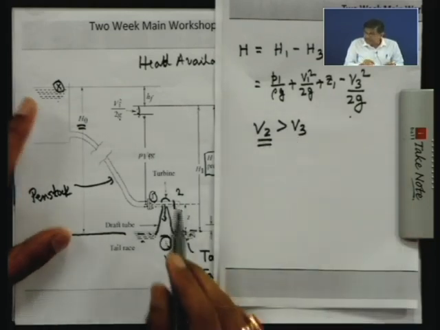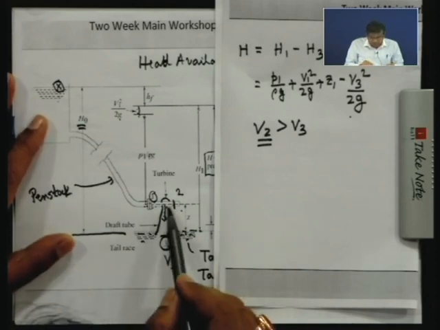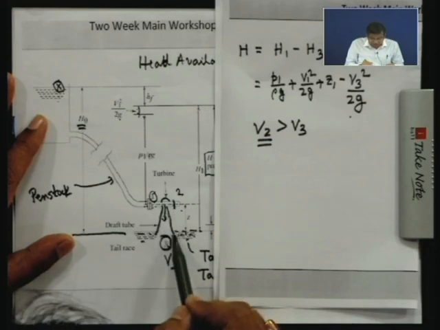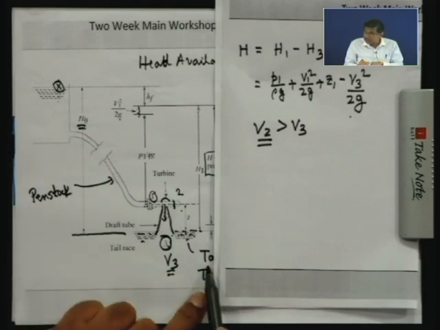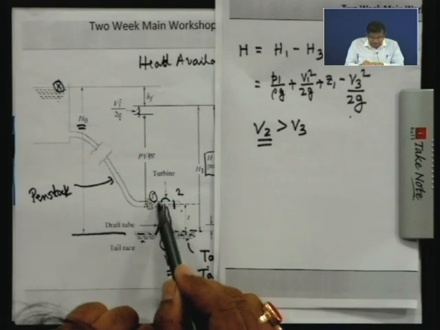This kinetic energy is discharged into the tail race and is lost. Therefore, to reduce the kinetic energy loss, we add a divergent tube so that the velocity is reduced almost to a negligible value, and then we get a higher effective head across the turbine.